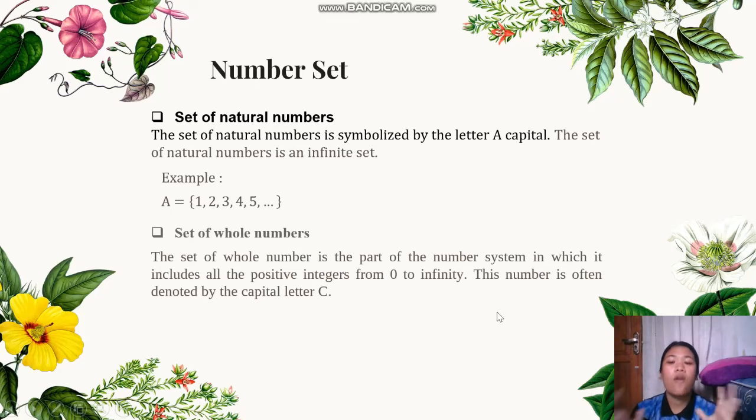This set is often denoted by the capital letter C. For example, C equals {0, 1, 2, 3, 4, 5, 6, and so on to infinity}.